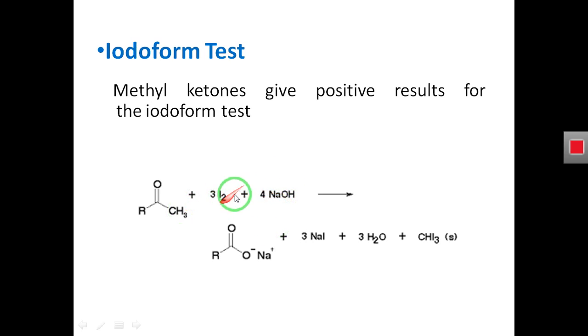The main reagent with which ketone reacts will be iodine, but this reaction takes place in the presence of NaOH, sodium hydroxide.